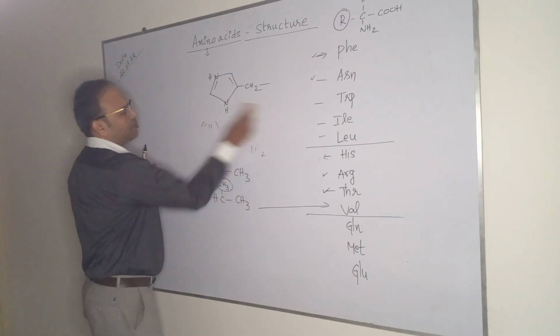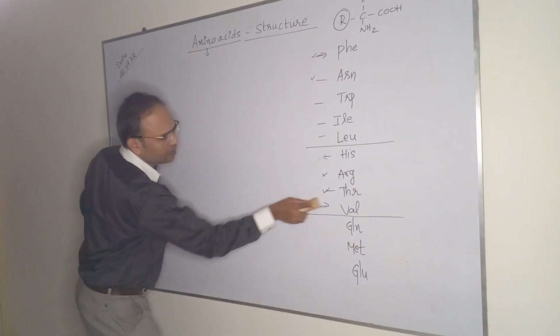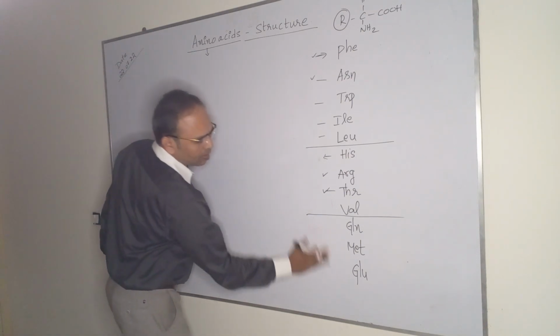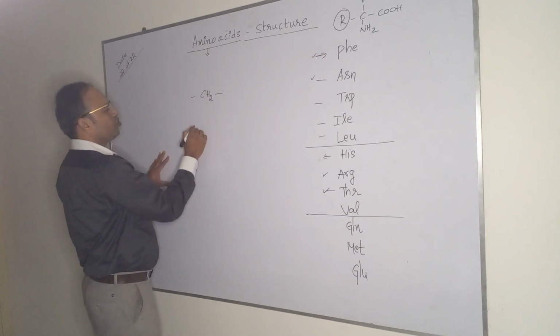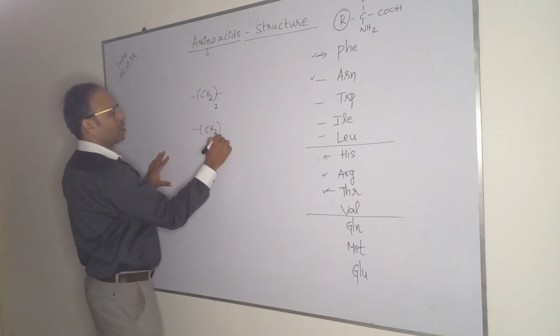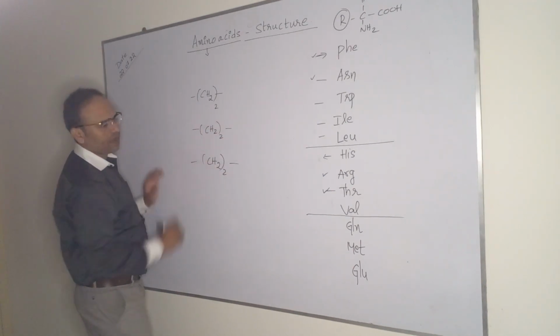Now the last 3 amino acids, that is glutamine, methionine and glutamic acid. Take CH2 groups, that is 2 methylene groups, 2 methylene groups we have.